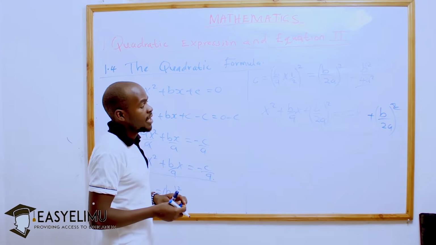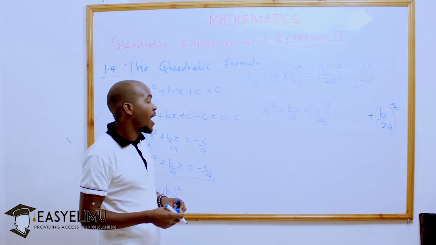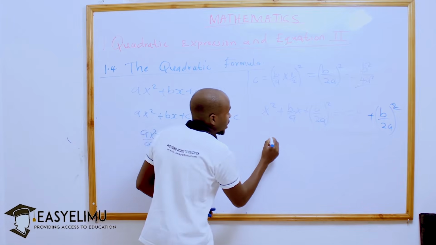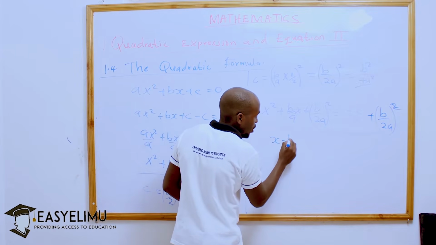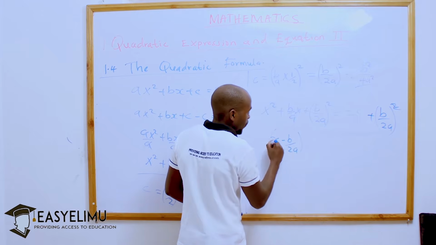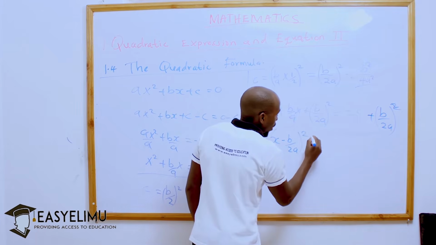Doing that, we can now factor the left hand side, and we shall find x plus b over 2a, squared.